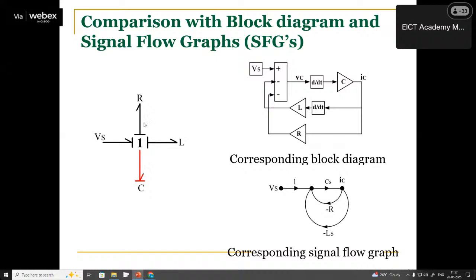Can we place the C arrow in the upward direction? No, it means that it is supplying the energy. If the total power is minus, that means C is supplying. This is for writing the equation.